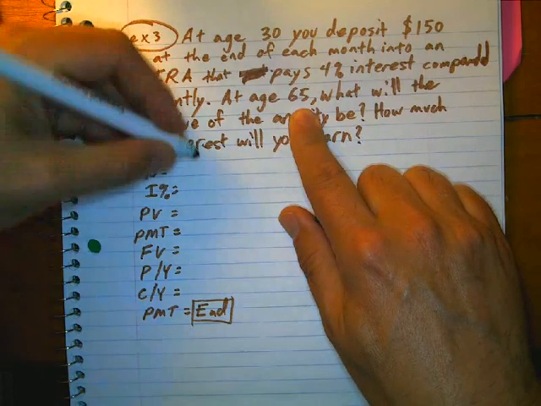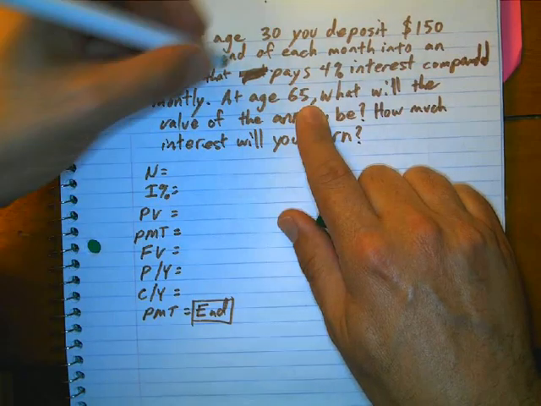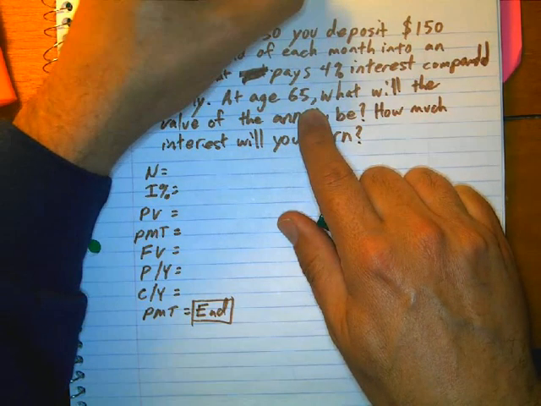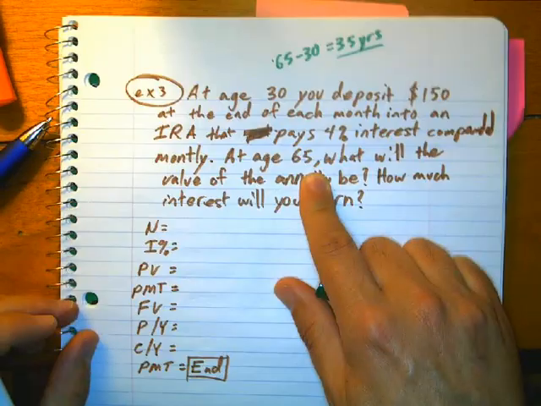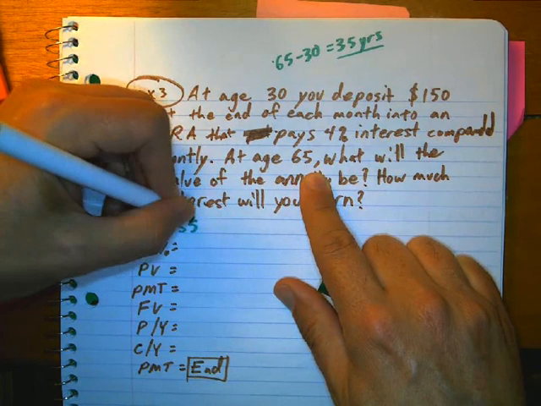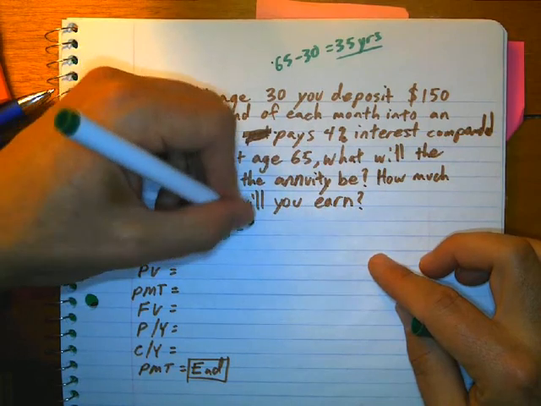So the difference between 65 minus 30 is going to give me 35 years. So we're going to have 35, and it's going to be monthly, so times 12, which is 420.